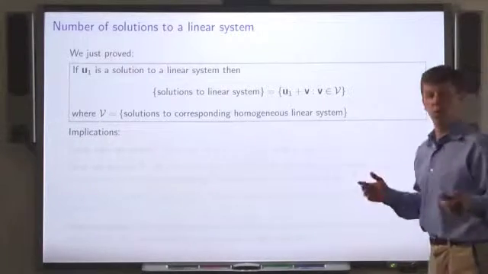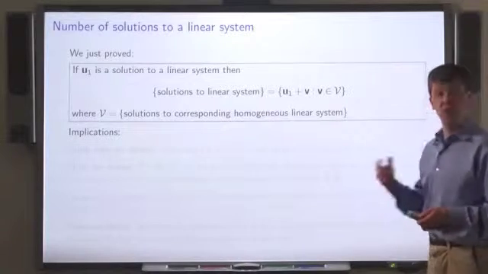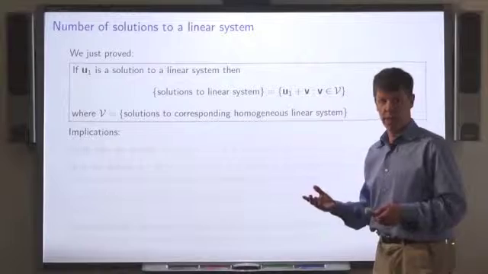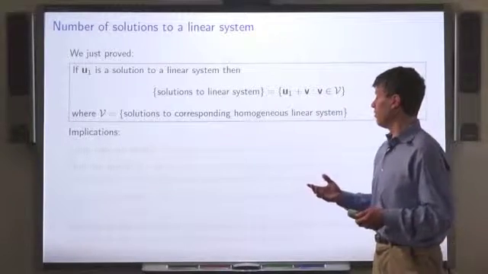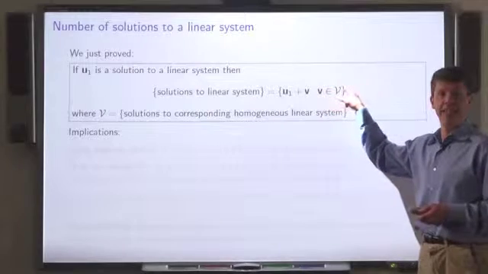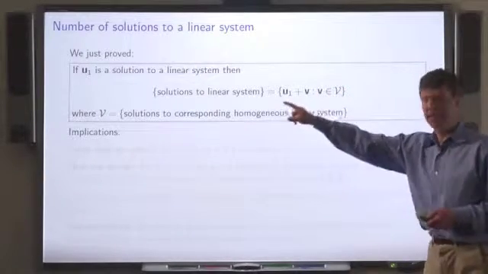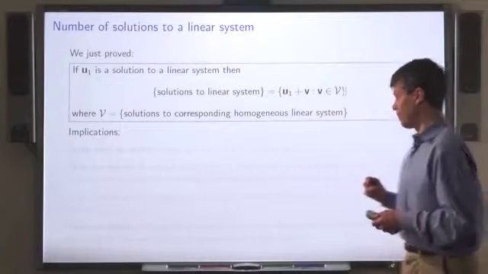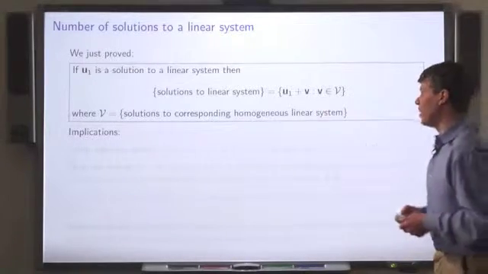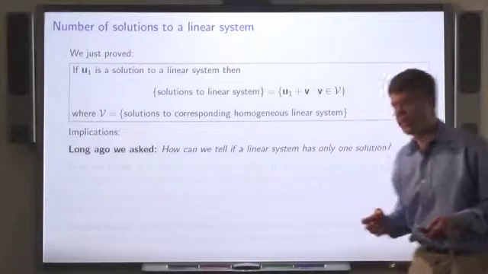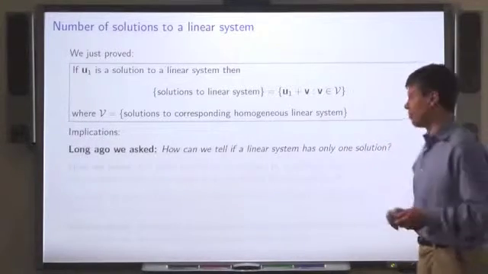Now, we proved more than the theorem. We proved that if u1 is a solution to a linear system, then the set of all solutions to the linear system have this form, u1 plus v for all v in big V, where big V is the set of solutions to the corresponding homogeneous system. Here are some implications of that. So long ago we asked, how can we tell if a linear system has only one solution?